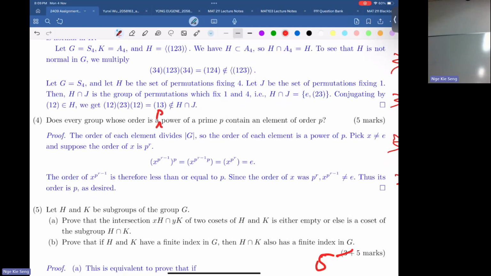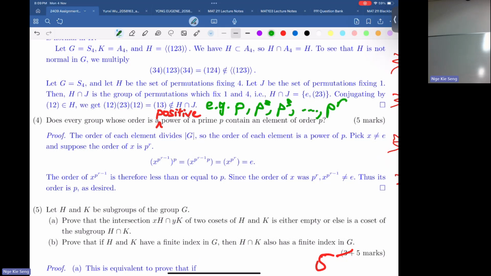Before the due time, I put positive, right? If it is 0, then nothing to do. So if it's positive means what? What's the possible case? It could be either p squared, p cubed, and so on. Okay. So what's the claim here?